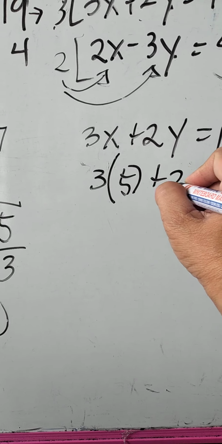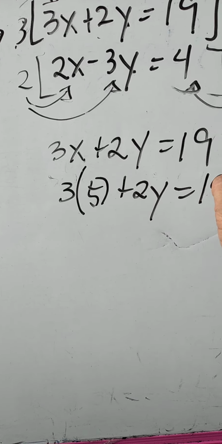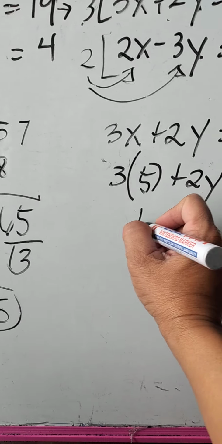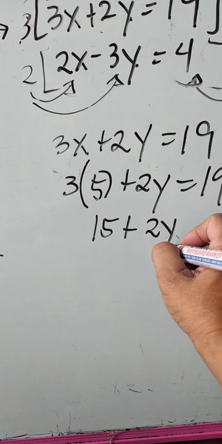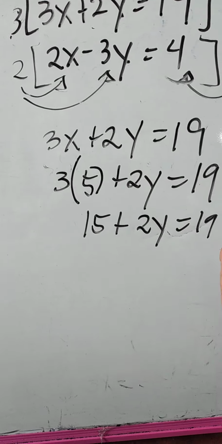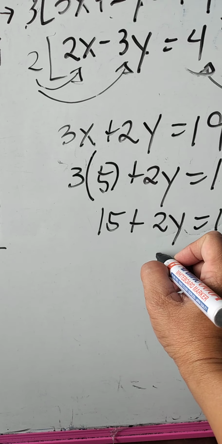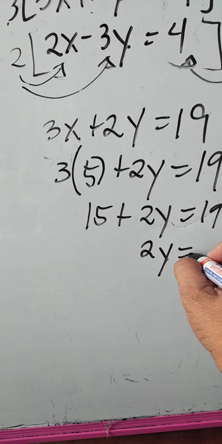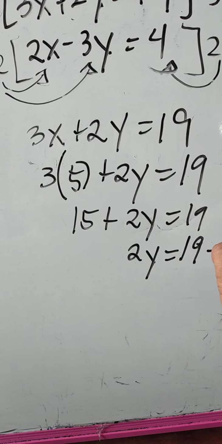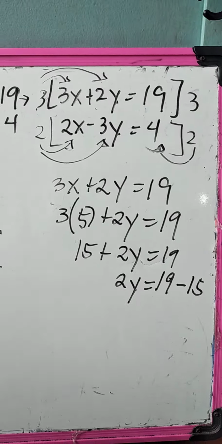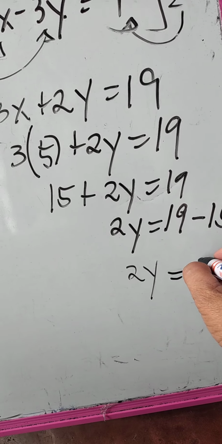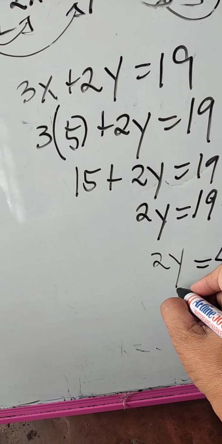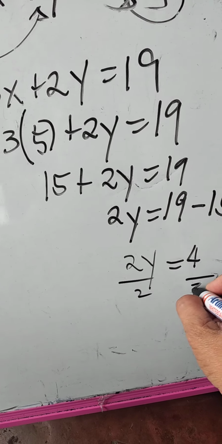Copy the rest of the equation. Now 3 times 5 is 15. Move it to the right side. What is left is 2y equals 19, and the 15 becomes negative because you crossed the equal sign. 2y is now equal to 19 minus 15, which gives me 4, divided by 2 both sides.